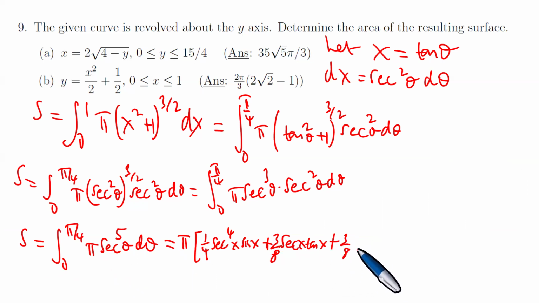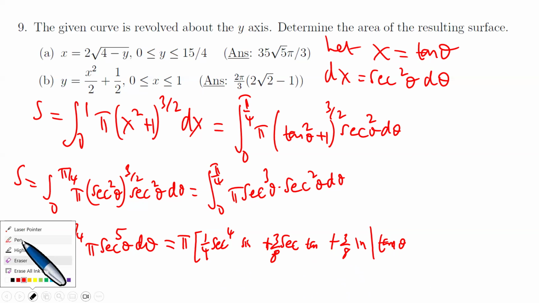So it becomes 3 over 8, the ln of sec x plus tan x, or rather theta. We're writing x here, it should be theta.